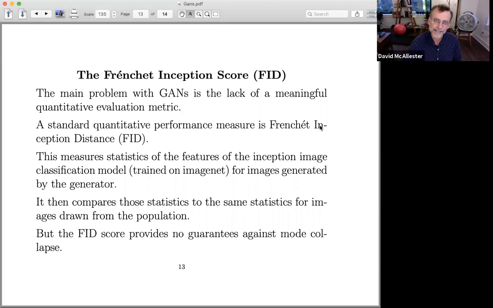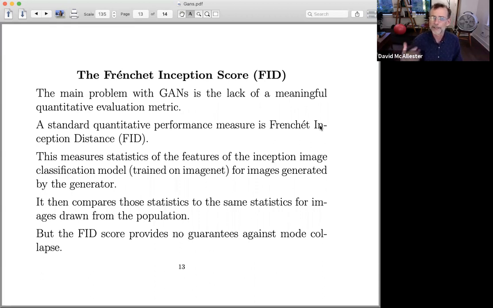You take the statistics on those features in the real images, and you take statistics on those features in the generated images. And you see if those statistics match. If it's the same distribution, the statistics have to match. And that gives you a kind of distance, the Fréchet Inception distance, FID, between the real images and the generated images.